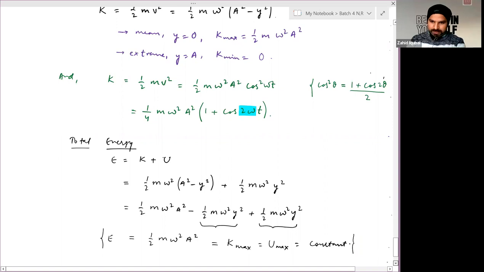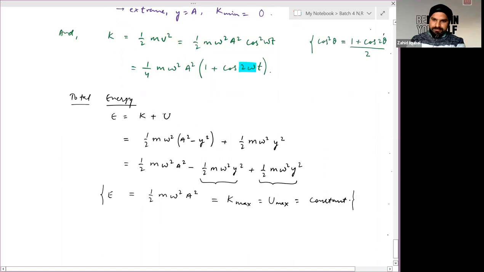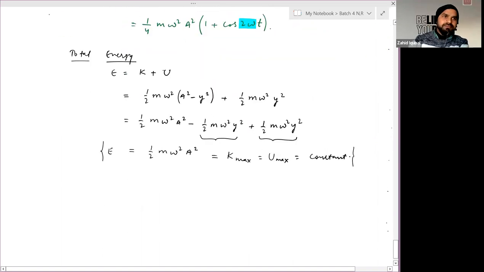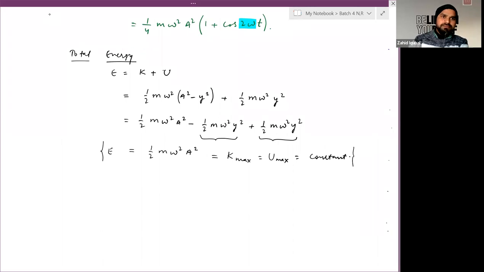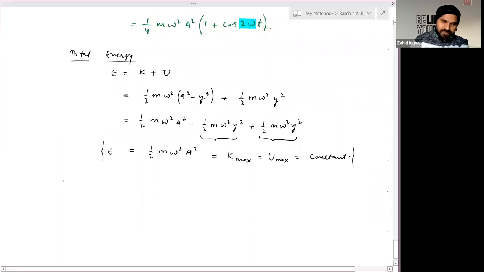Now, related to this part, let me define your relation of time period and frequency for different quantity. Relation of time period and frequency.